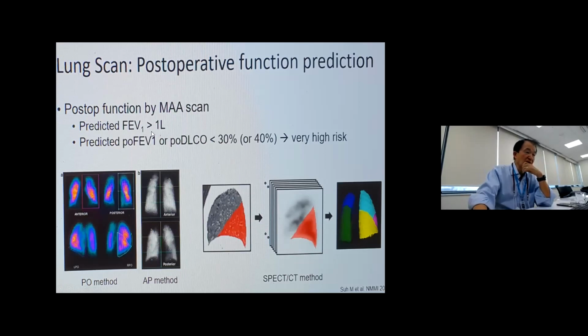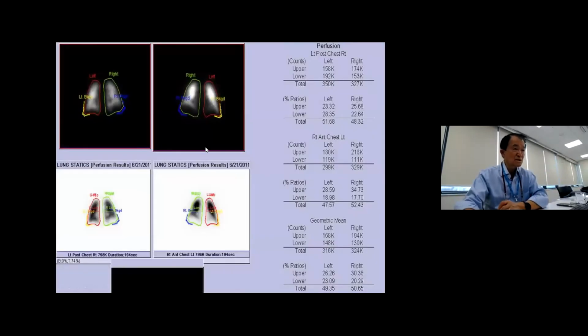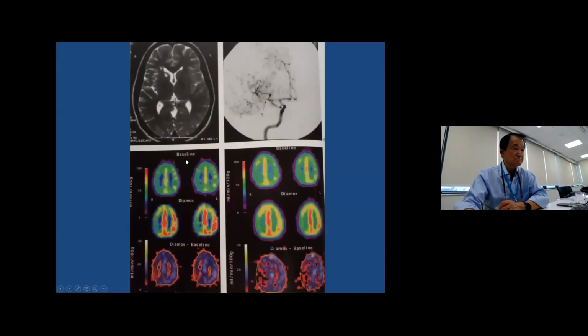Therefore, if that remaining lung has an FEV1 greater than 1 liter, it's operable. That's very useful information for surgeons, so we divide into 2 or 3 and calculate it.